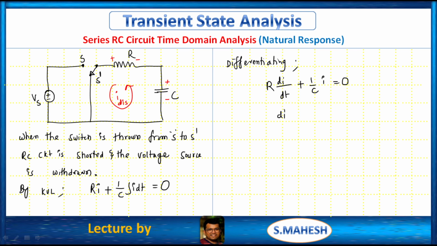From this, di by dt plus I into 1 by RC, which is equals to 0. Finally we have this, right? This is what? Dy by dx plus ax, which is equals to 0. Homogeneous.